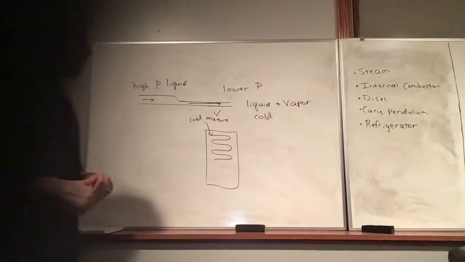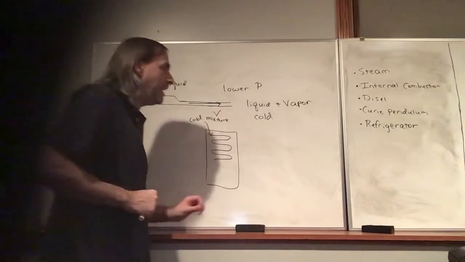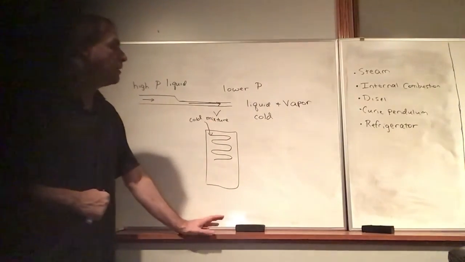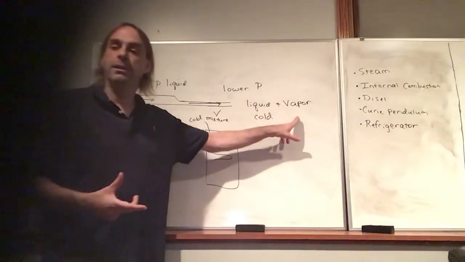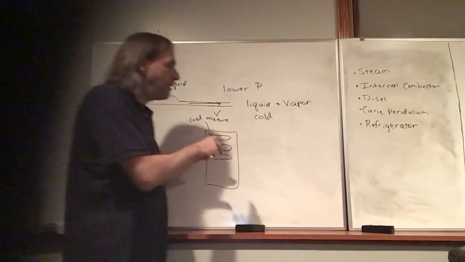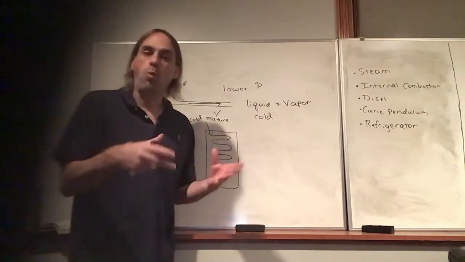And now this is colder than the interior of the refrigerator, so heat is flowing into this mixture of liquid and vapor. That's why it's important we didn't completely vaporize it, because it's in that mixed state, so the heat that's flowing in is just causing a phase change. It doesn't warm up the fluid.